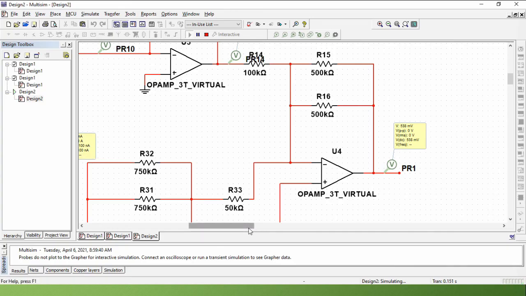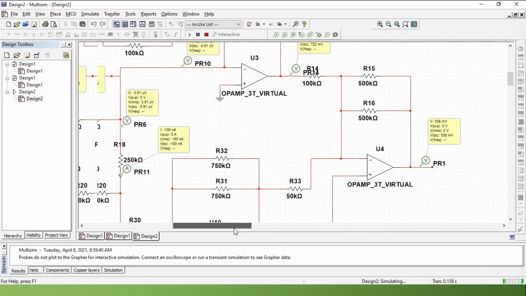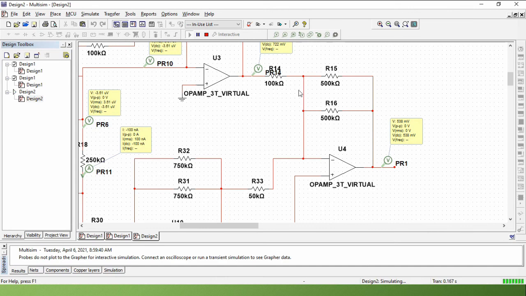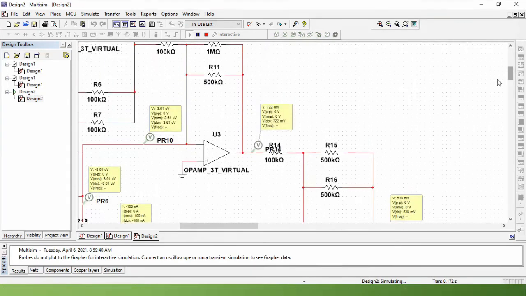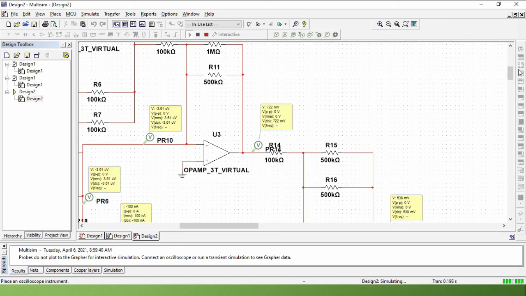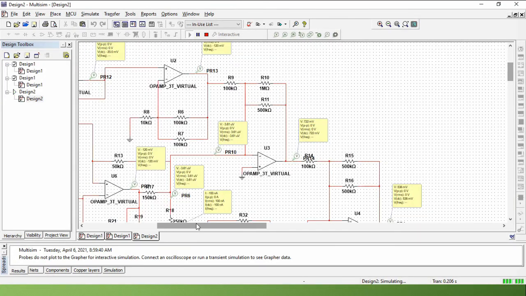In my simulation, I have used the ideal op amp also. For example, in op amp 8, which is 722 millivolts, we have the same result. So you can verify using a simulation software.